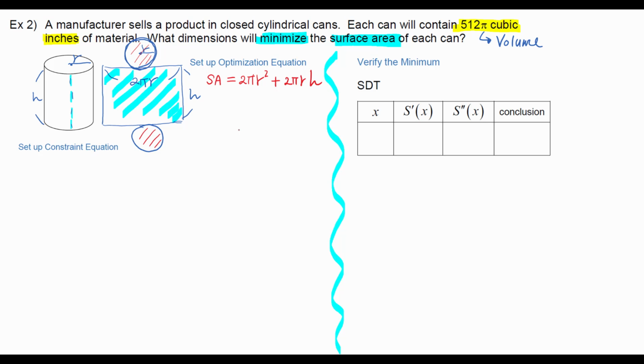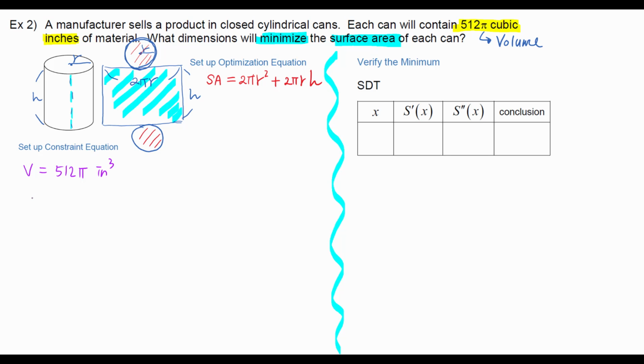So let's find the constraint equation. And of course, the constraint equation will be what's given to us, which is the volume of this cylinder. Volume is given, and they said it is 512 pi cubic inches.